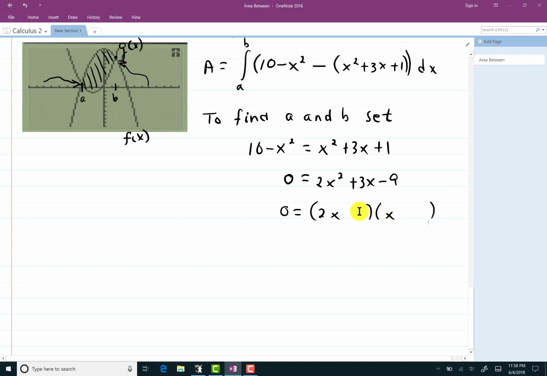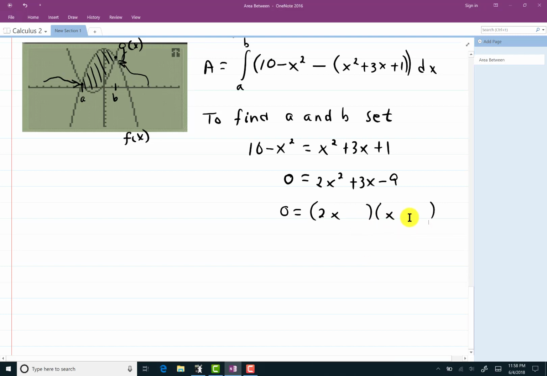Here, whatever goes in this spot and whatever goes in this spot has to multiply together to give you -9. Your options are going to be either 1 and 9 or 3 and 3. Since I have to have a negative, I'm going to have a 3 and a -3, or a 1 and -9 or -1 and 9.